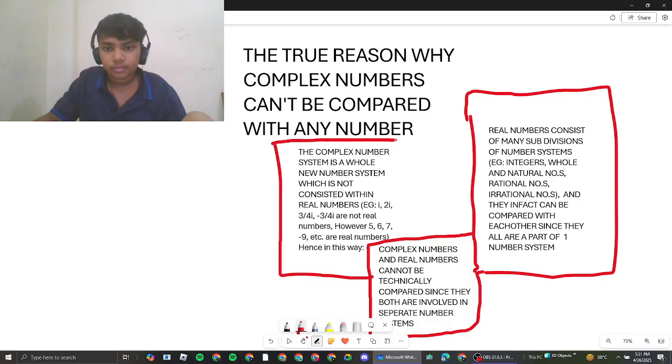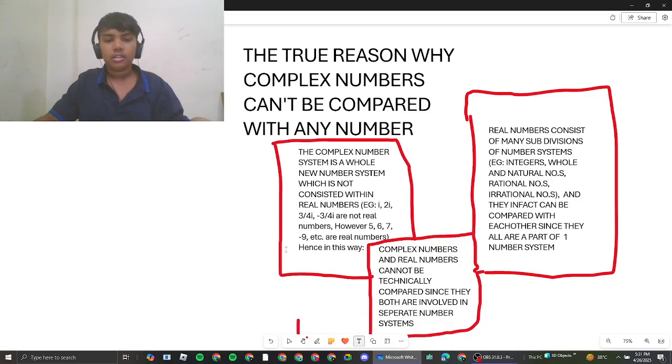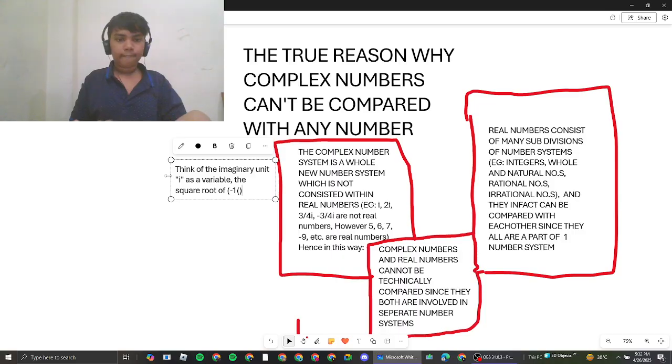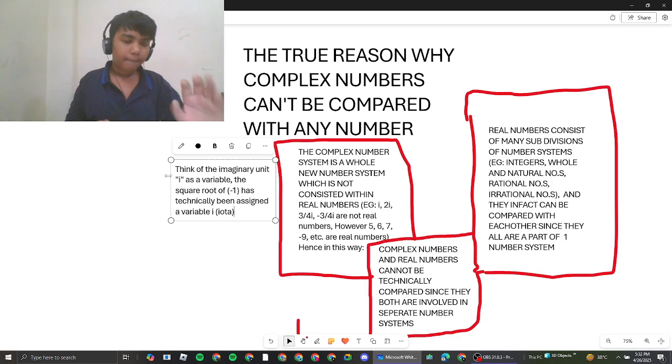So look, now one more thing. Think of the imaginary number i as a variable. Just think of it. The square root of minus 1 has technically been assigned a variable i, also known as iota.